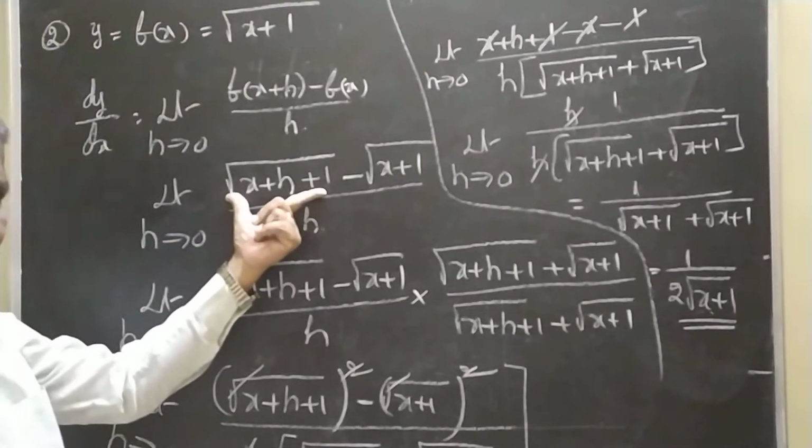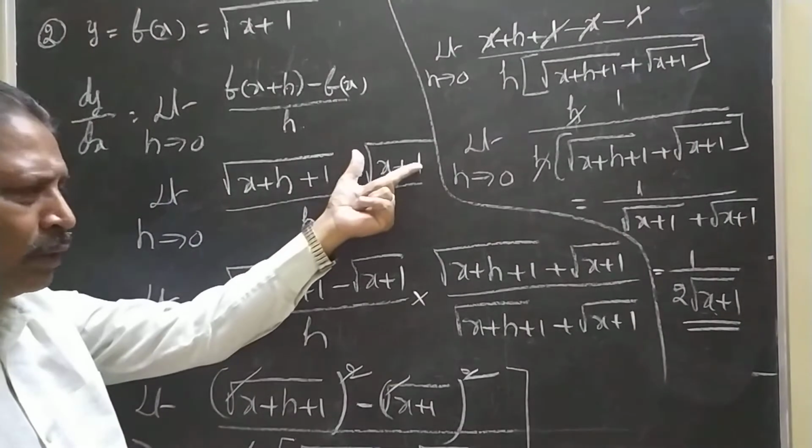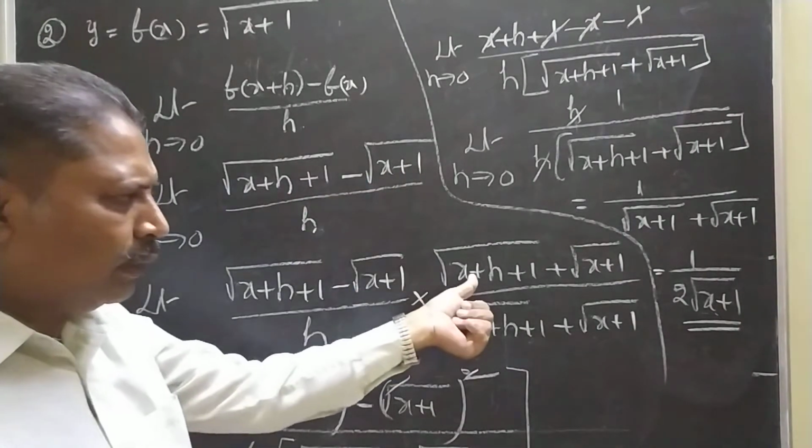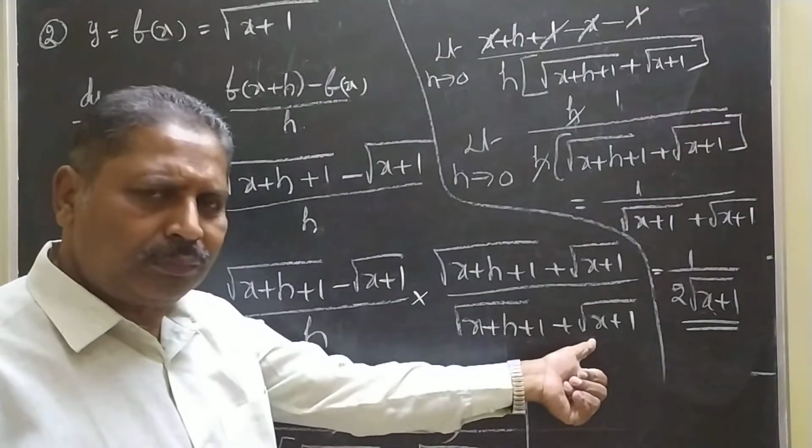f of x plus h minus f of x is of the form a minus b. So multiply and divide with the a plus b term.